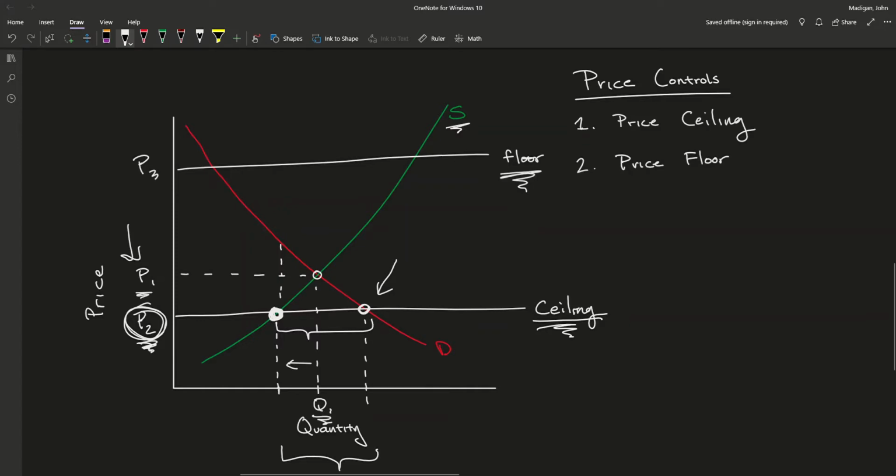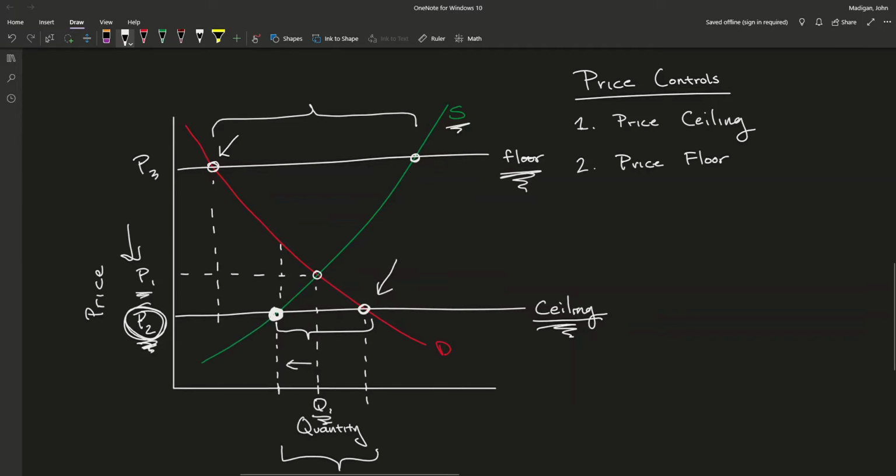So that's the problem. If you move the supply and demand curve up here, what happens? Again, we have disagreement in the market. People are only willing to buy up here because it's so expensive.